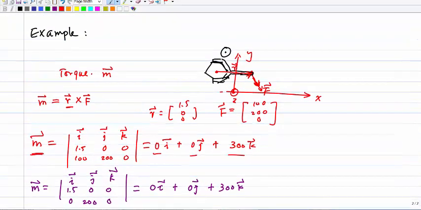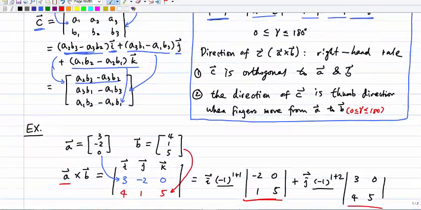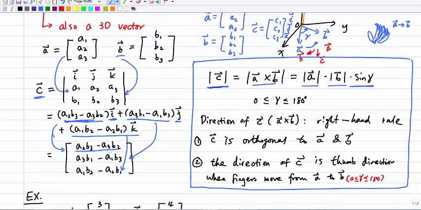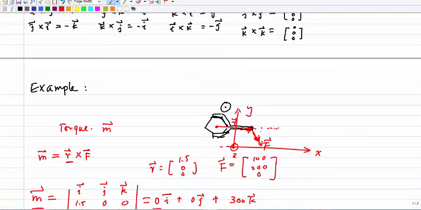The torque is positive, as you can see. In terms of direction, this is the R direction and F is over here, so it goes from R to F, and the angle should be less than 180 degrees.